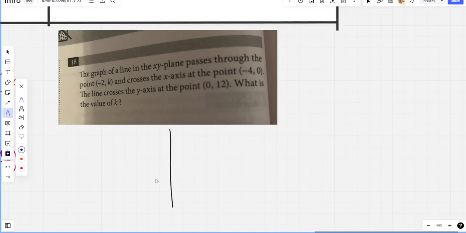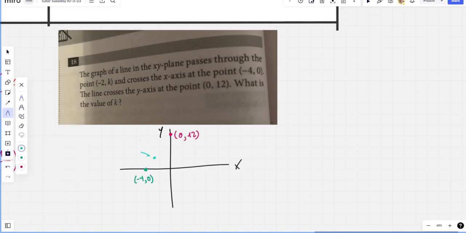Alright, come on. Easy, guys. We'll draw our axes, x and y. We'll plot our points. We've got -4, 0, and we've got 0, 12, and we've got a point -2, k.